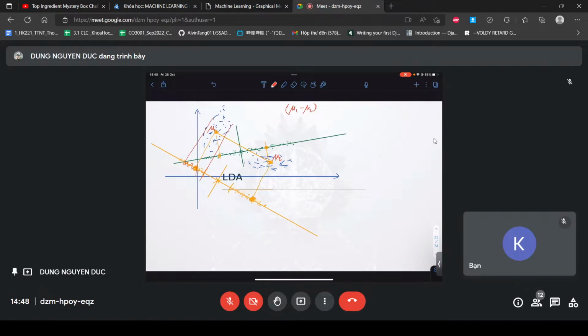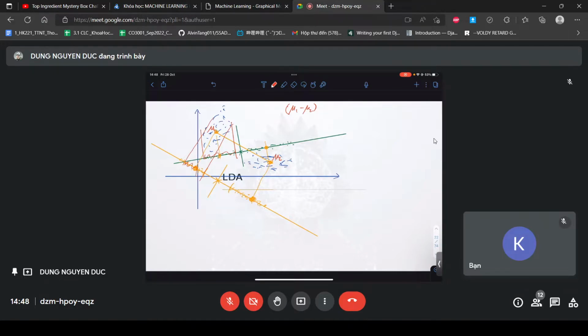But if you project onto this dimension, the variance is high. So do you prefer low variance or high variance? Of course, you are going to prefer low variance because when your data is focused and distributed near the mean, then it's easy for you to classify them.